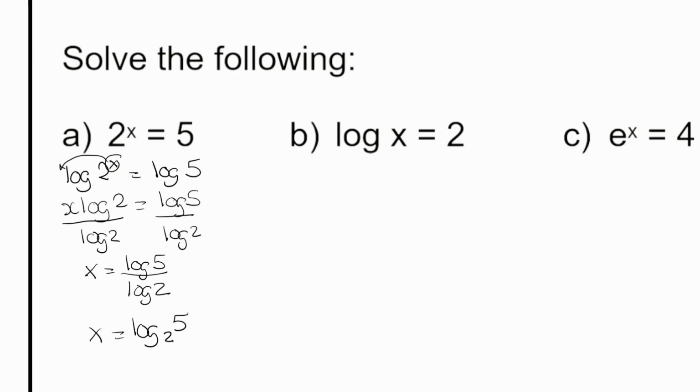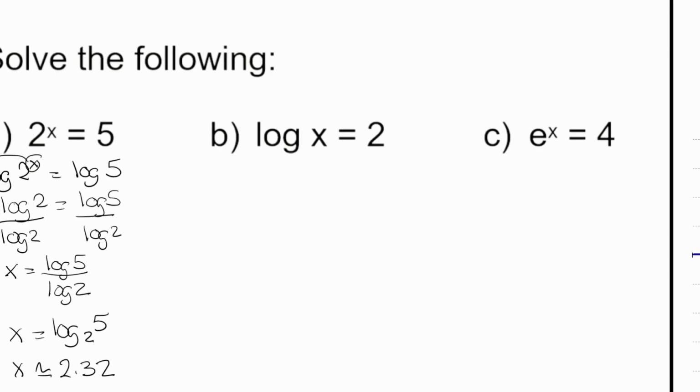So you could do that, or on your calculator, you could plug in log 5 divided by log 2 and get a decimal that is approximately equal to log 5 base 2, which is 2.32. So 2 to the power of approximately 2.32 would give you a value of 5.